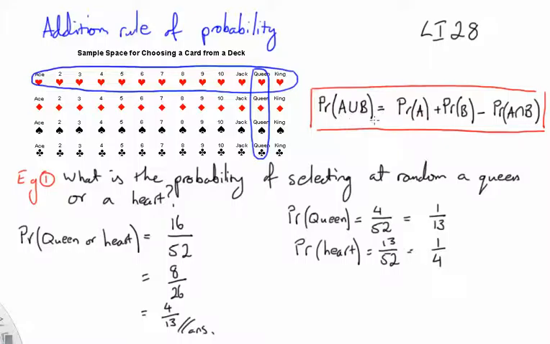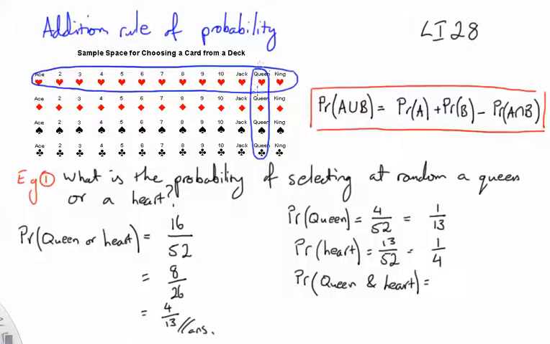Well, what's the probability of drawing a queen and a heart? So it has to satisfy both conditions for this part. What's the probability of drawing a card that's both queen and heart?